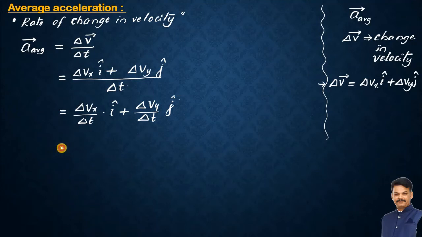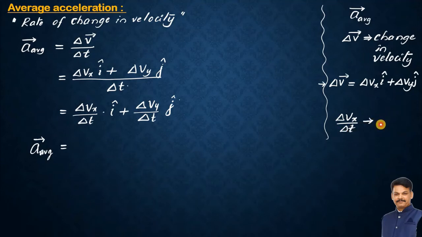Just observe this step, dear students, what do you find here? It is change in velocity with respect to time, that is delta vx by delta t, the change in velocity component along the x-axis with respect to time.